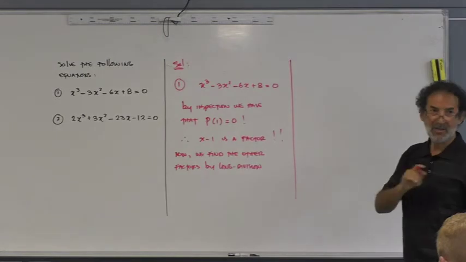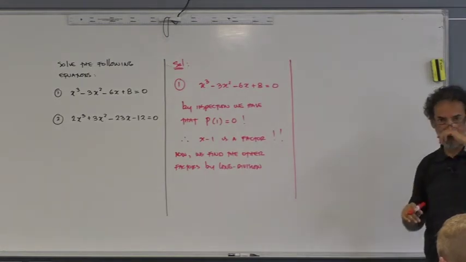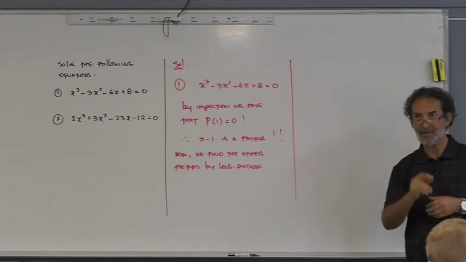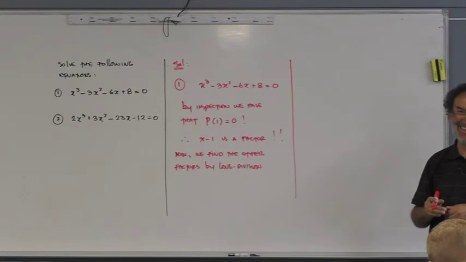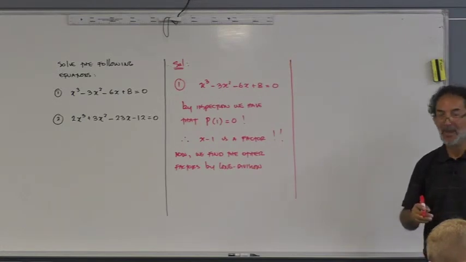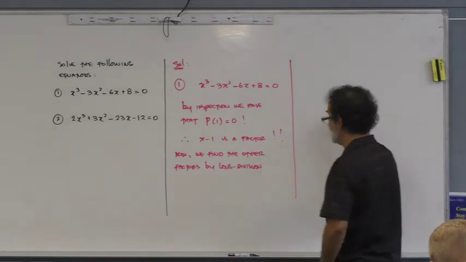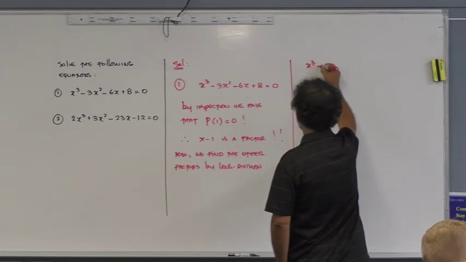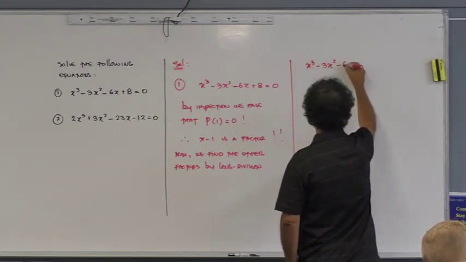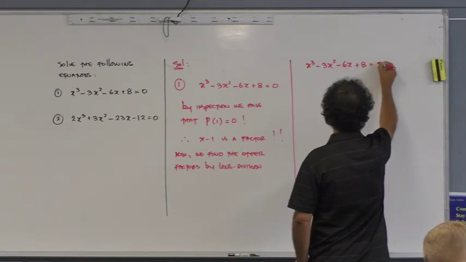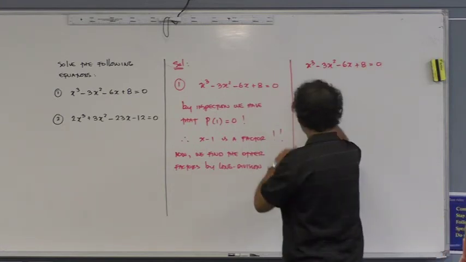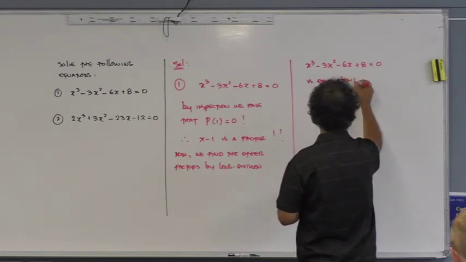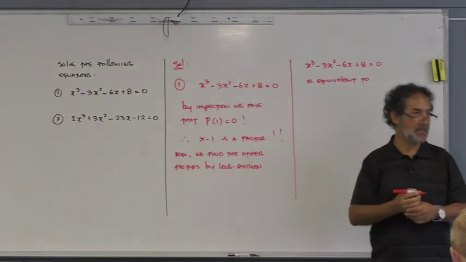Okay, so we have an answer. You're going to write it down, and then double check if you got the same. So we're going to say this: x cubed minus 3x squared minus 6x plus 8 equals 0 is equivalent to... what is the answer?